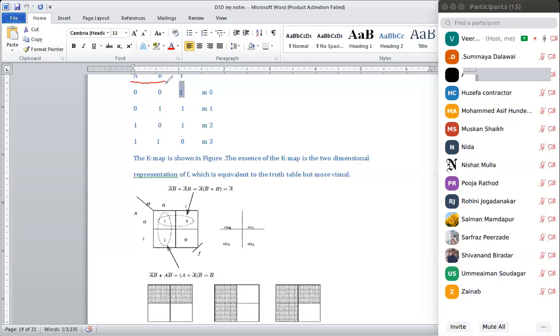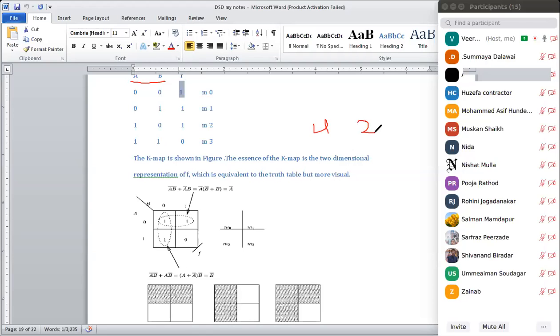Two. 2 raised to 2 is 4. Do I have four ones? No. I have three ones here, but I cannot make a group of 3. What is less than 4? It is 2.